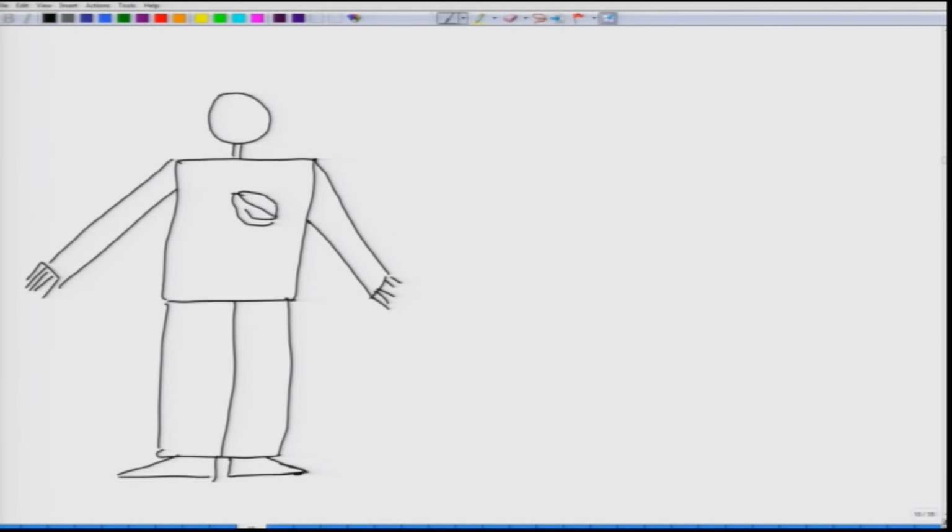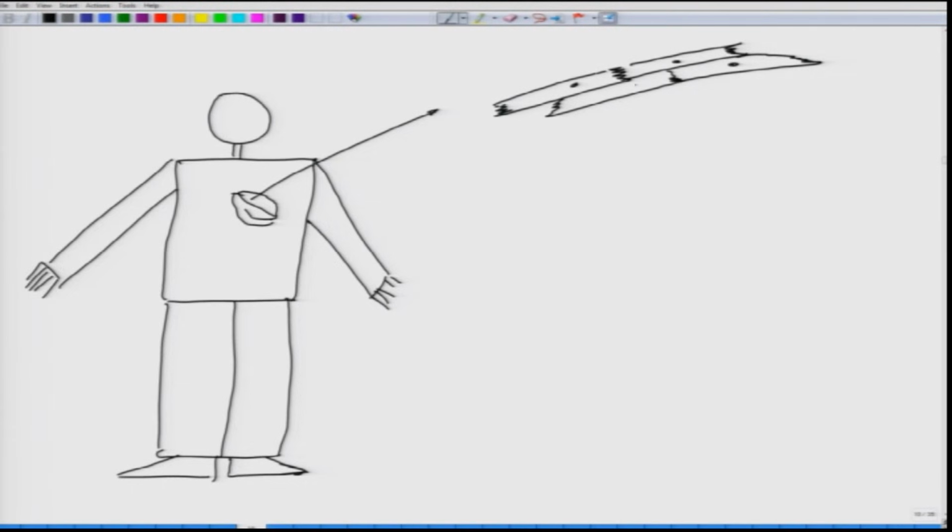So, these cells which are growing out here, the cardiac myocytes, which I have already explained earlier, and here are the gap junctions.